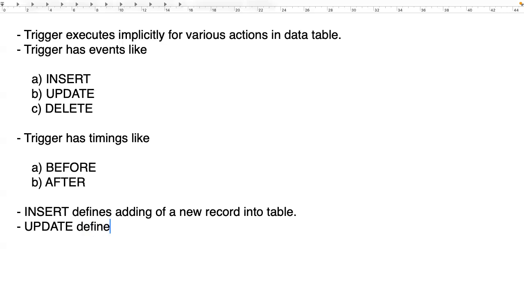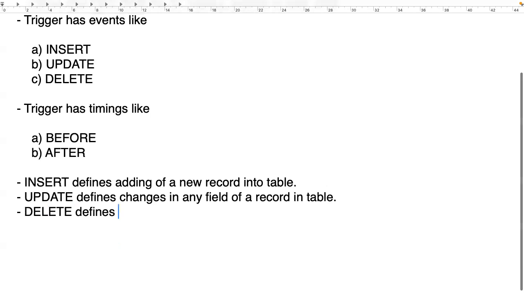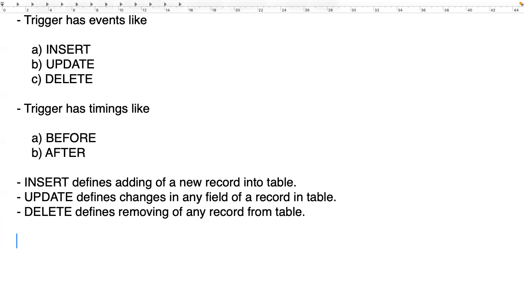Update defines changes in any field of a record in the table. Delete defines removing of any record from the table.